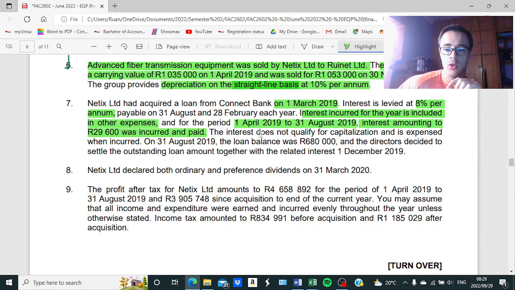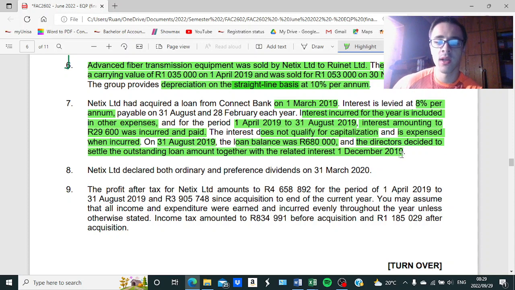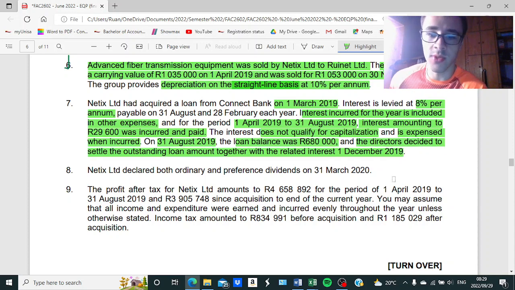The interest does not qualify for capitalization. So this means that the interest itself is not added to the loan account, or to the loan balance itself, and is expensed when incurred. Now, on the 31st of August 2019, the loan balance was 680,000, and the directors decided to settle the outstanding loan amount together with the related interest on the 1st of December 2019.